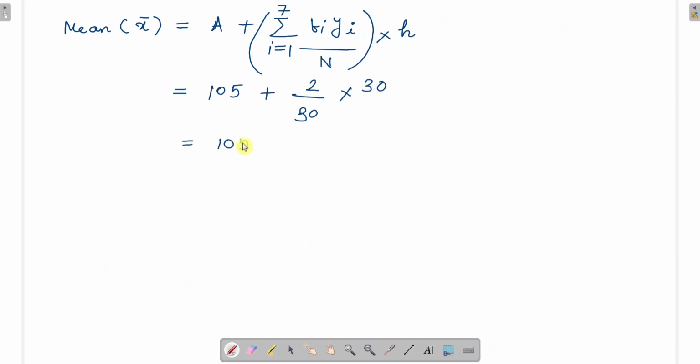So 105, this 30 and this 30 will get cancelled, plus 2 we will get, so that is nothing but 107. Okay, 107, this is the mean.